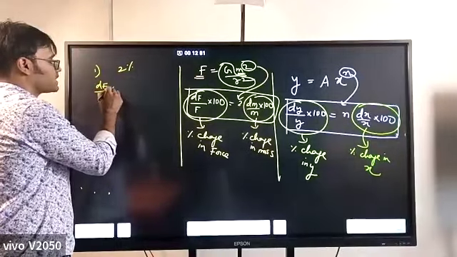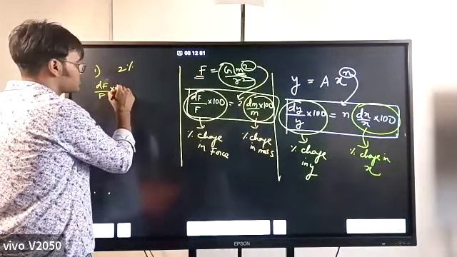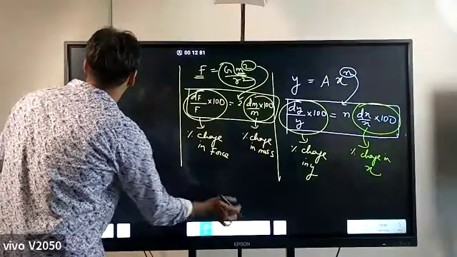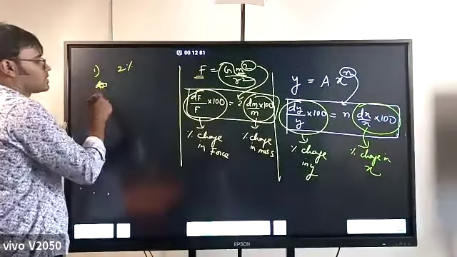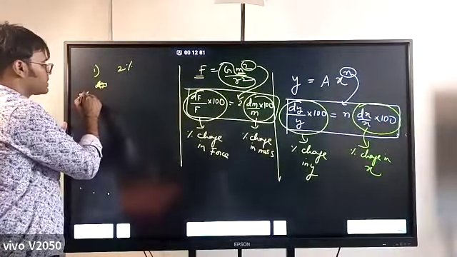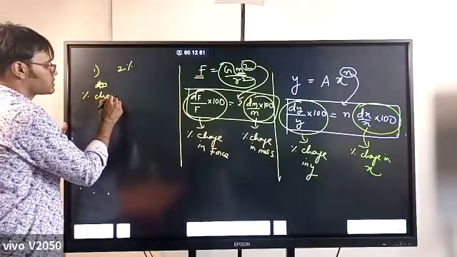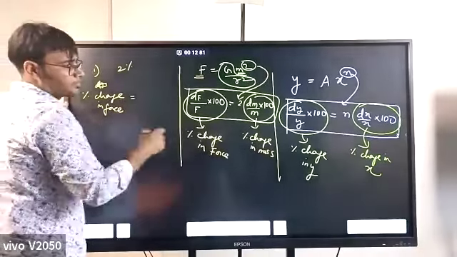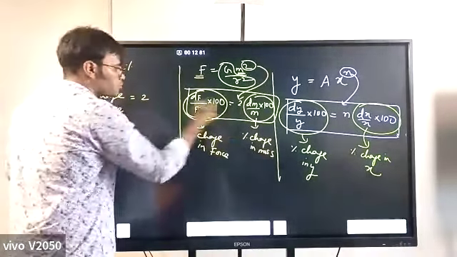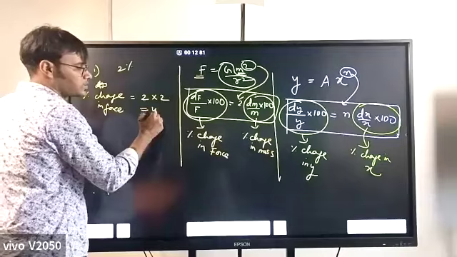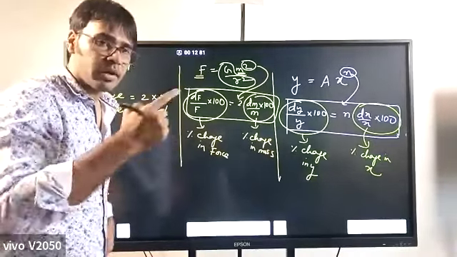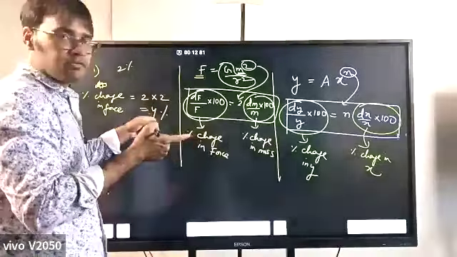So percentage change in force will be, if I put this as 2%, 4%. See, it is not exact, it is approximate. The exact answer was 4.04, but we are getting 4.